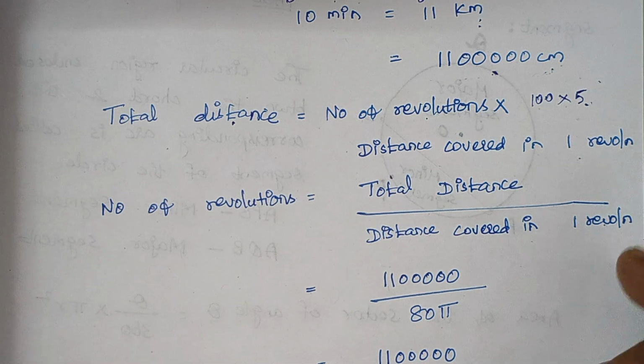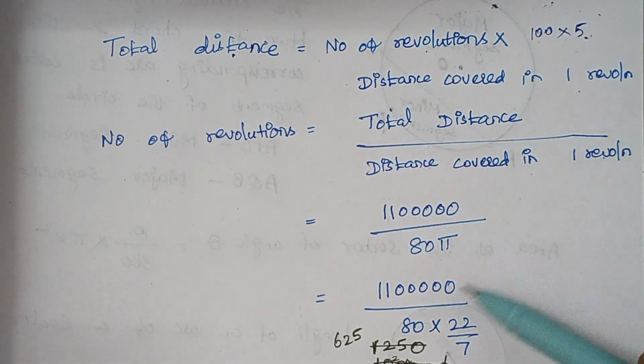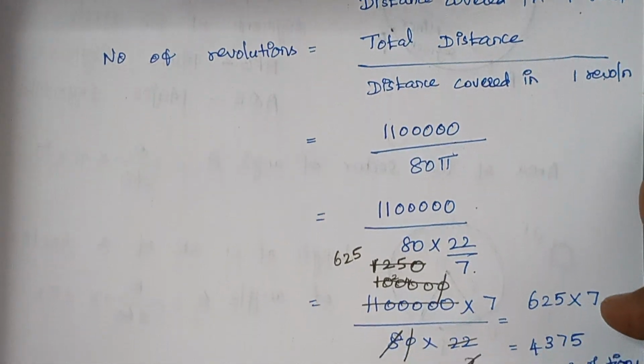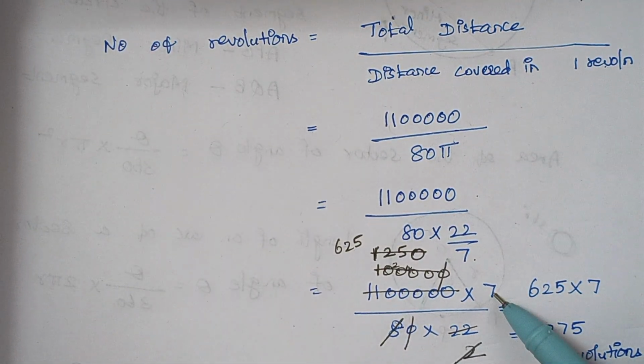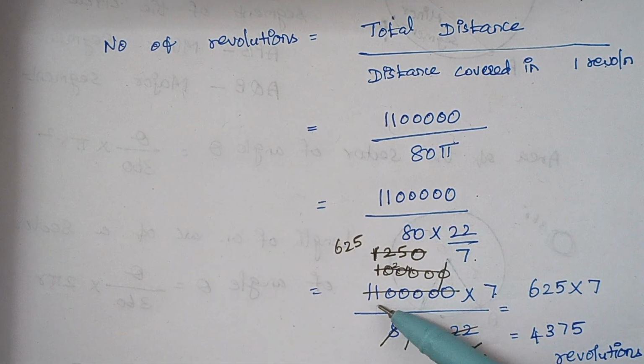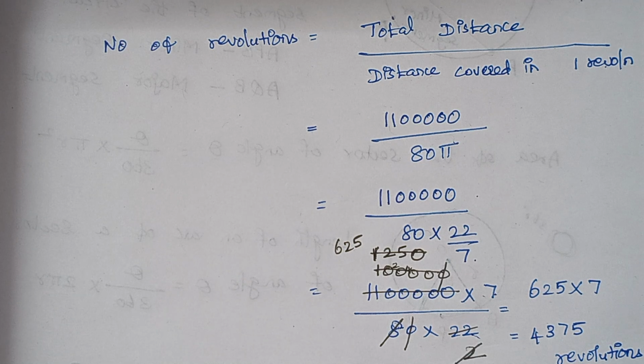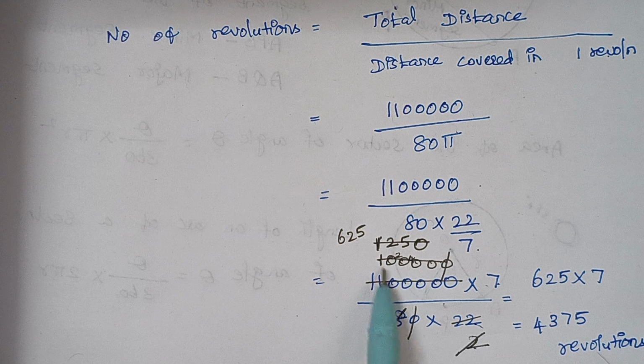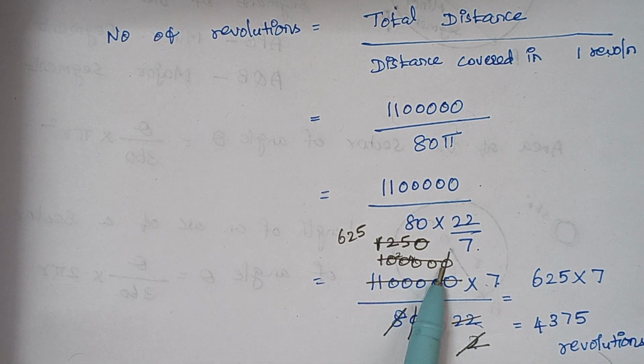When you substitute, you see here again I had taken the value of pi as 22 by 7. When I move this 7 to the numerator, it occupies the numerator part. So 11 into 10 to the power 5 into 7, divided by 80 into 22. Initially I am solving by the 11 table: 11 2s are 22, and 11 followed by 5 zeros.